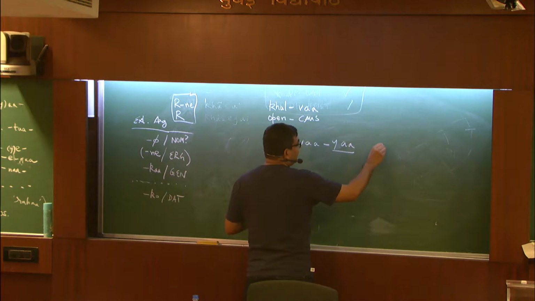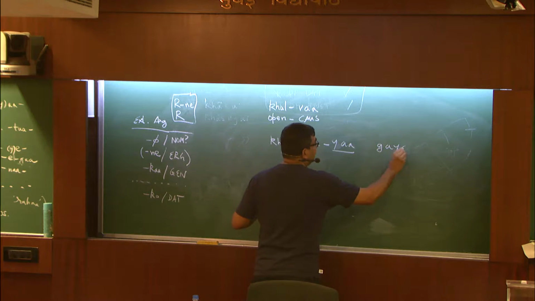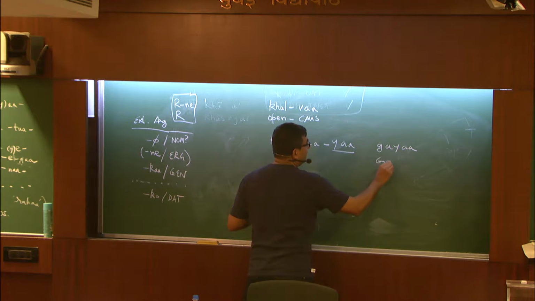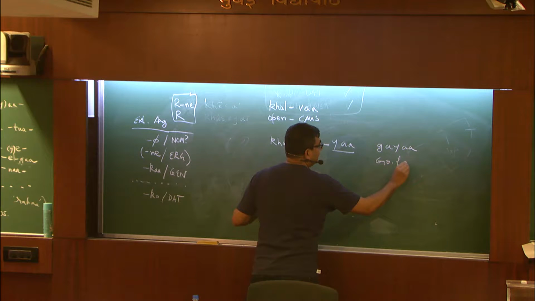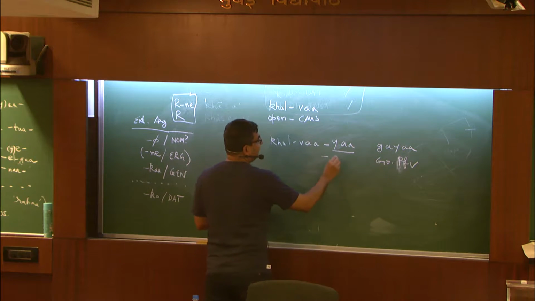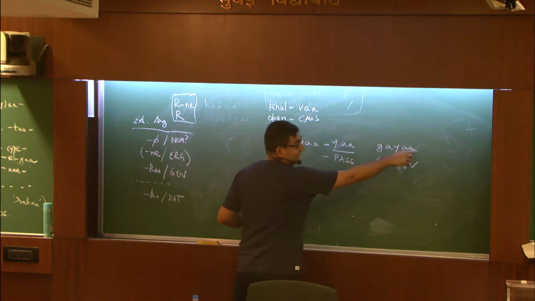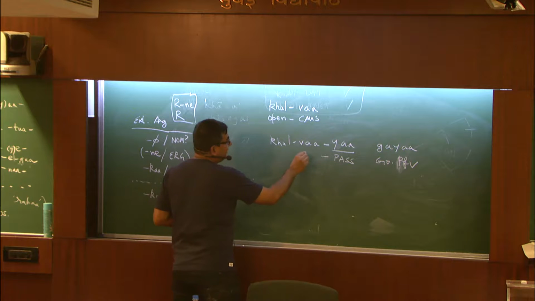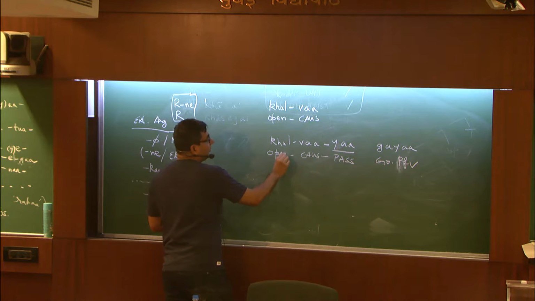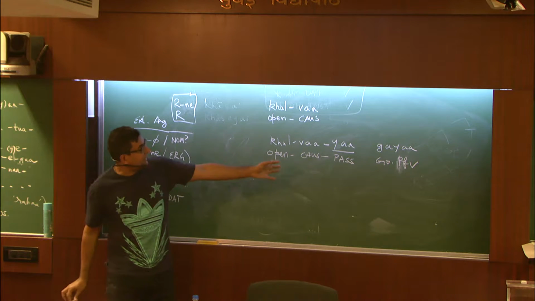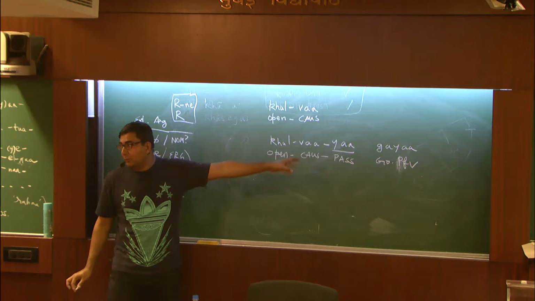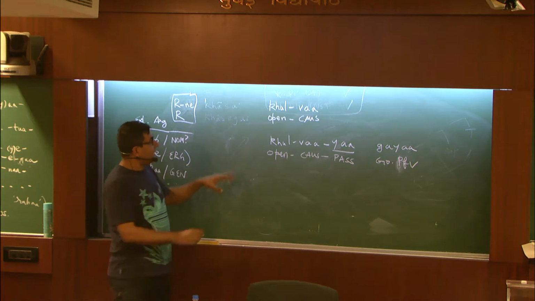Let's say in this case khulvaya gaya, so this is go perfective, and this is the passive. And note, of course, that this and this have the same shape, as I mentioned. This is the causative, and this is open. So what you see is that passive is on the outside of the causative. It's open, cause, passive.